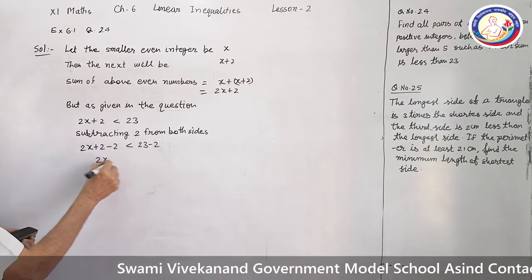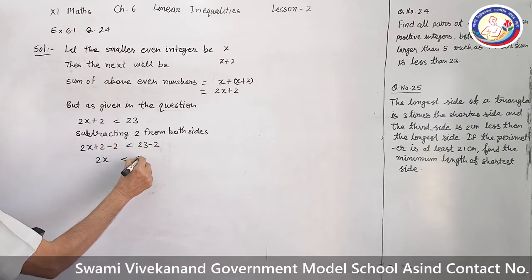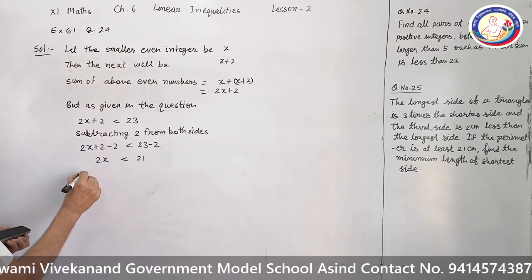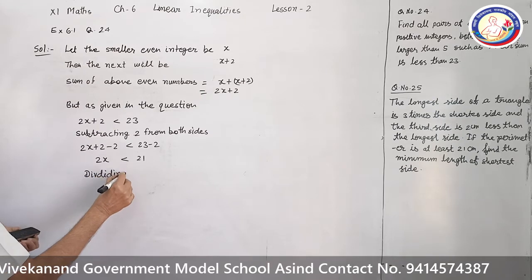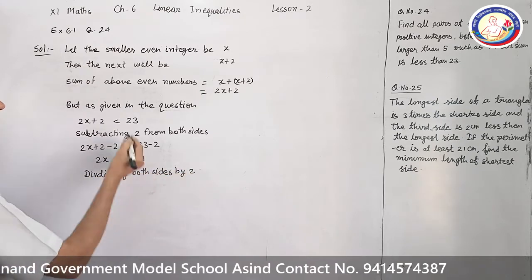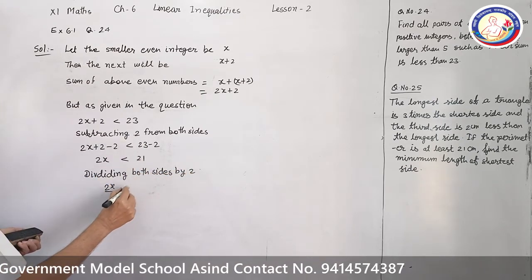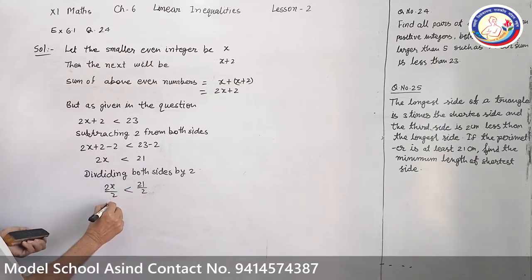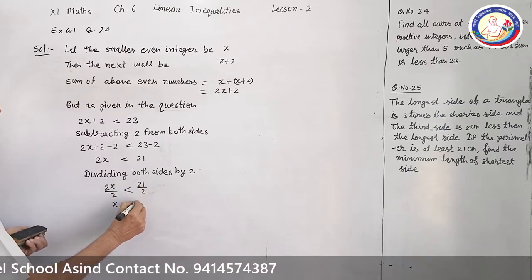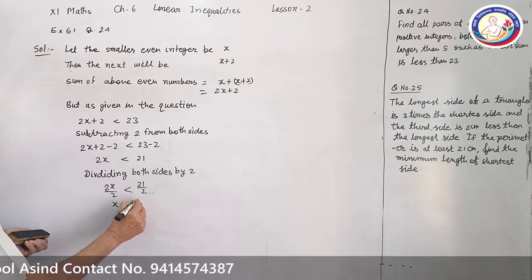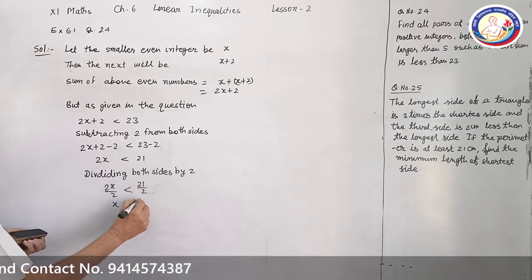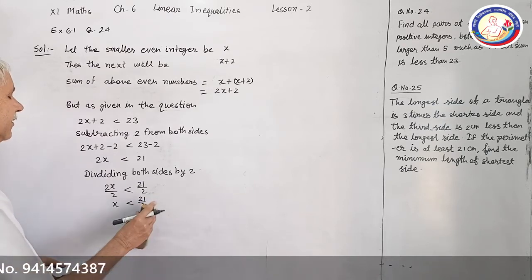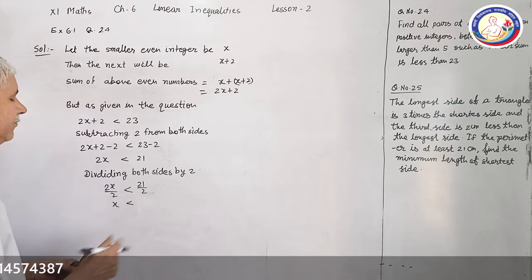This gives 2x is less than 21. Now divide both sides by 2. 2x upon 2 is less than 21 upon 2, or x is less than 21 upon 2. That is, we can write it as 10 and 1 by 2.